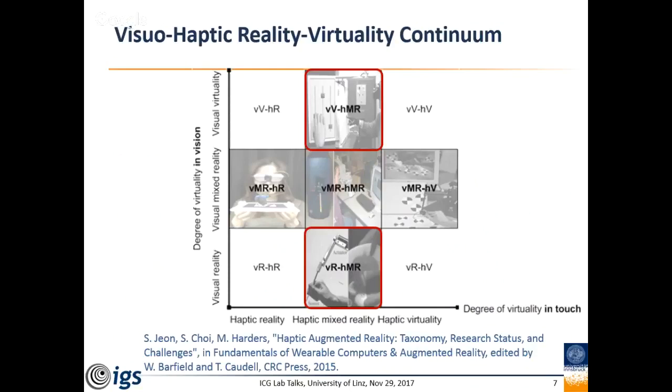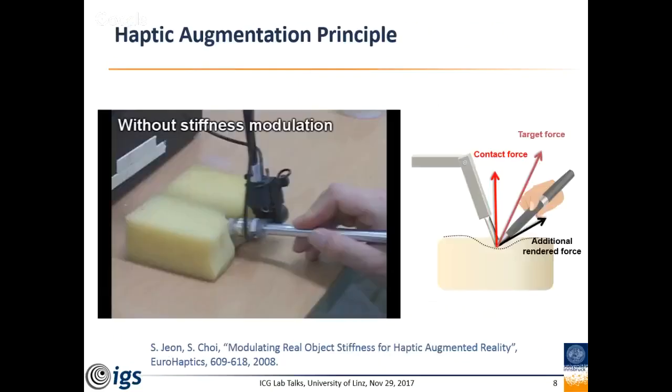Before I come to that, this haptic mixed reality is also what we call augmented reality or augmented haptics. Let me give you a short explanation of the general concept. So we want to modify forces. Let's say we interact with something deformable.